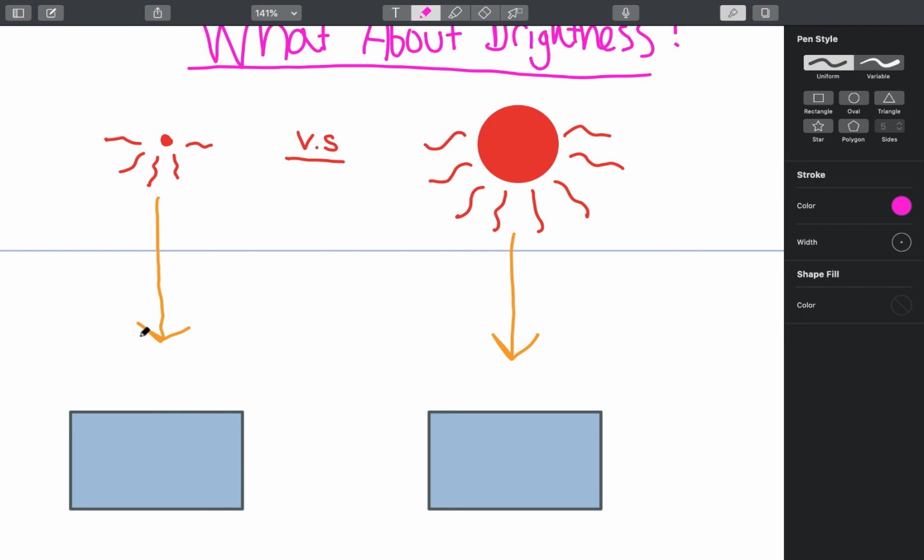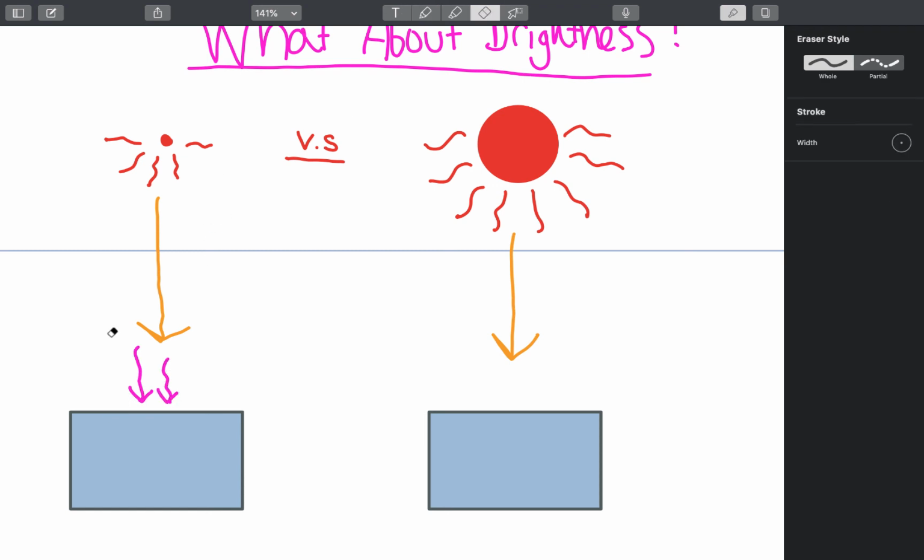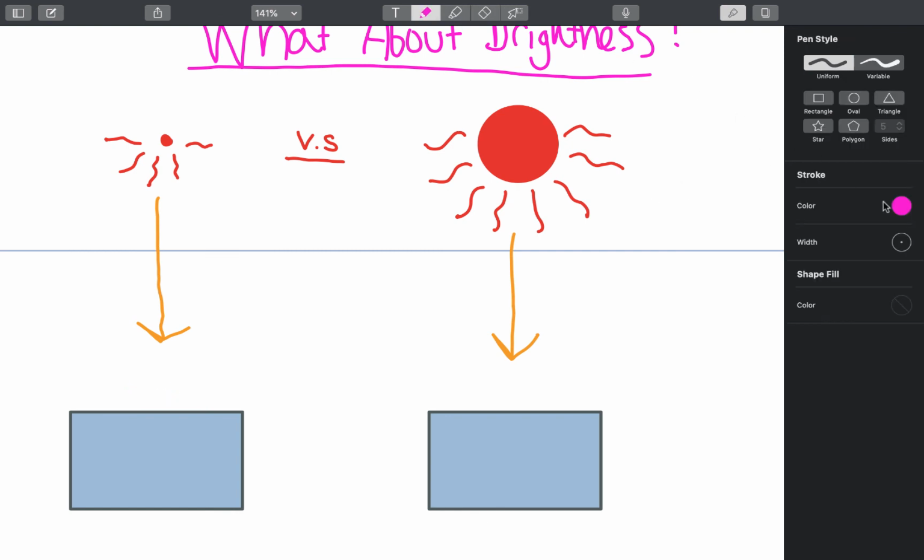So this less bright light is emitting less photons per unit time. However, this really bright light is emitting a ton of photons per unit time, and therefore it can cover a greater surface area of the metal.